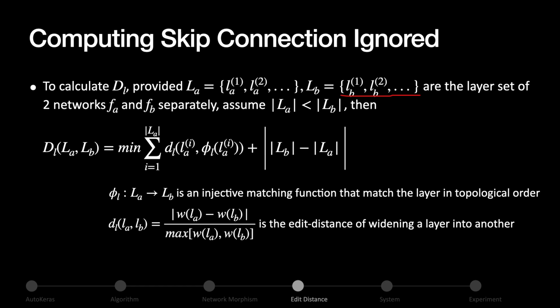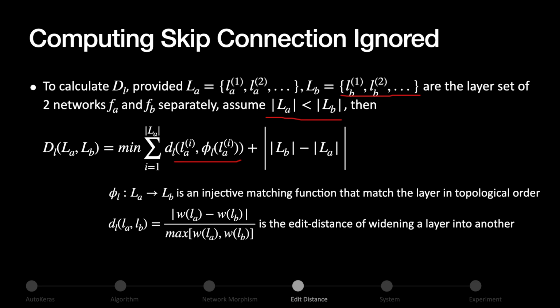And assume that the total layer of LB is larger than LA. First, we try to align topologically by matching the layers in topological order. For example, if LA has 4 layers and LB has 5 layers, we try to align each layer.